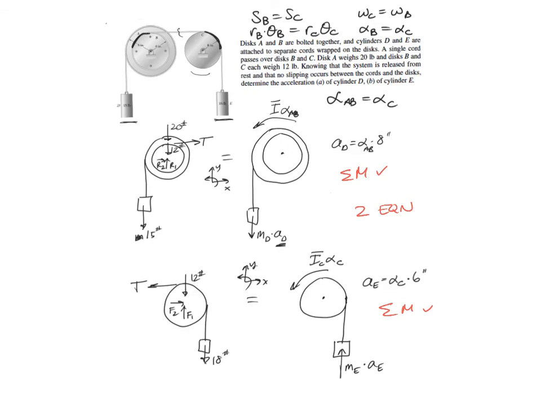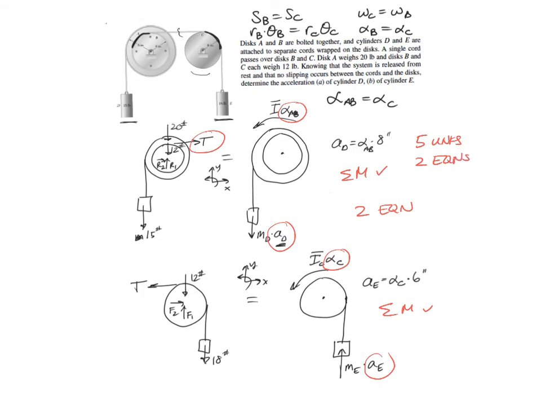In terms of unknowns, I'd have an unknown tension, an unknown alpha, an unknown AD, which again I've taken care of here. On the other side I have an alpha C and an AE, so if we count that up I'd have 5 unknowns. And again, just two equilibrium equations.